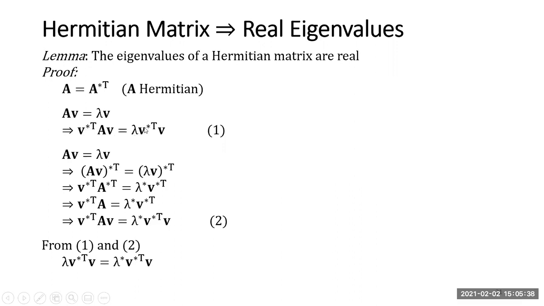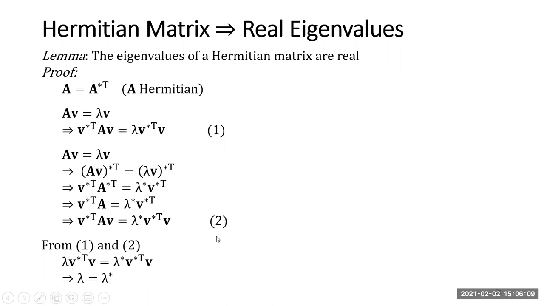So lambda V star transpose V must be equal to lambda star V star transpose V, correct? V star transpose V in both cases has to be non-zero because V is a non-zero vector, whence lambda must be equal to lambda star.